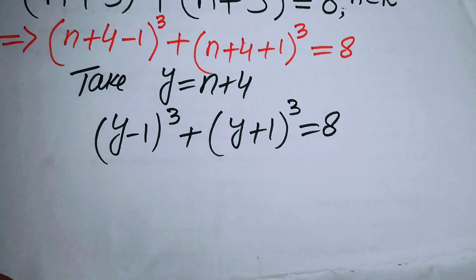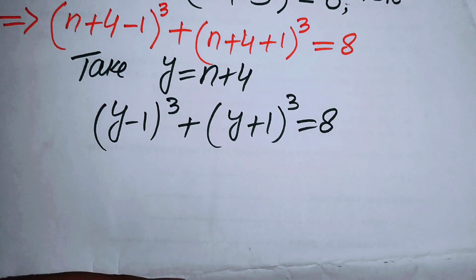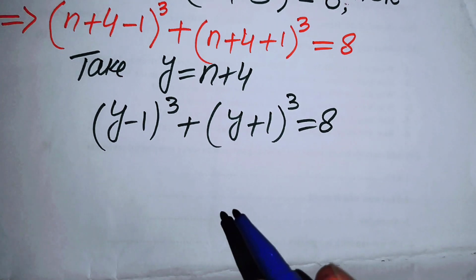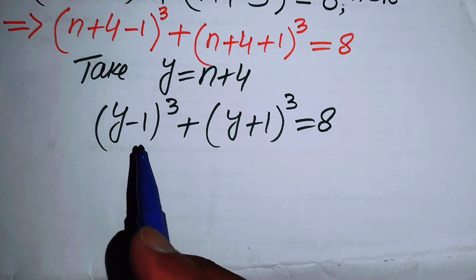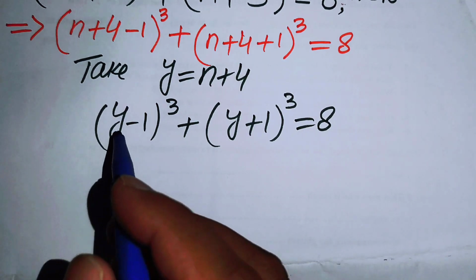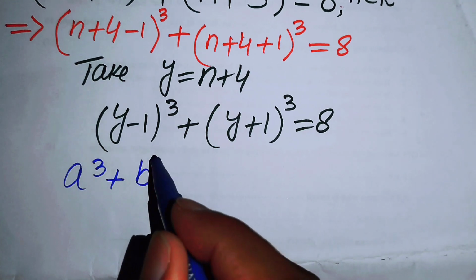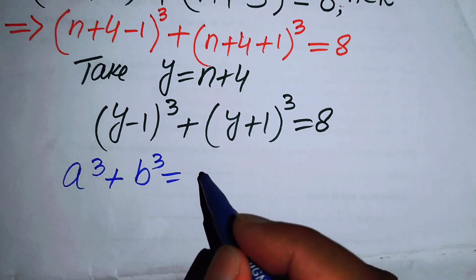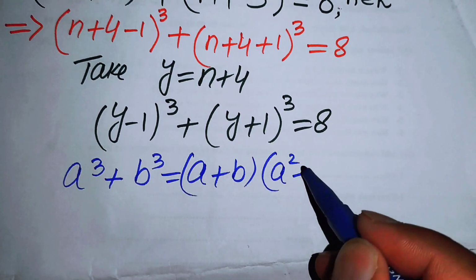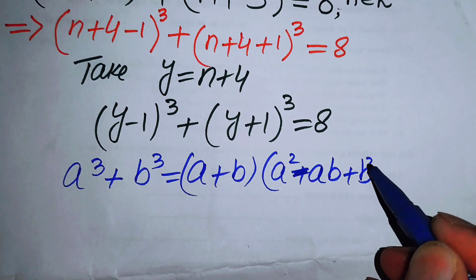After that, we need some important algebraic formulas, which I can write here. The very first formula: you see that here we have (y − 1)³ + (y + 1)³, and I can apply the formula a³ + b³ = (a + b)(a² − ab + b²).